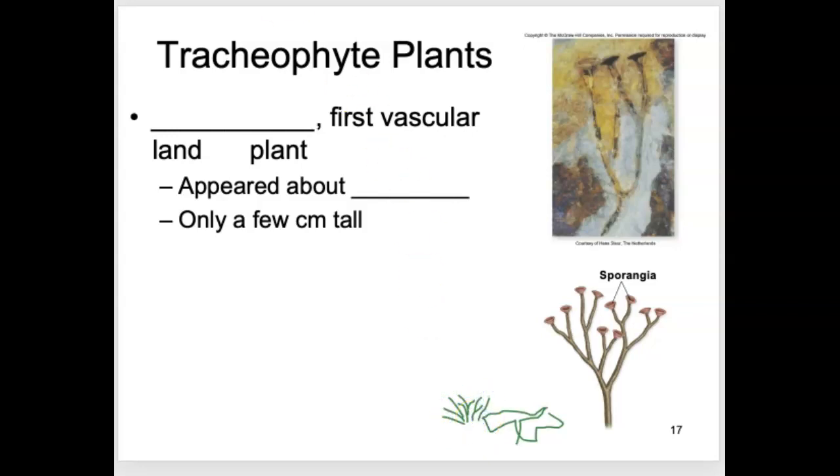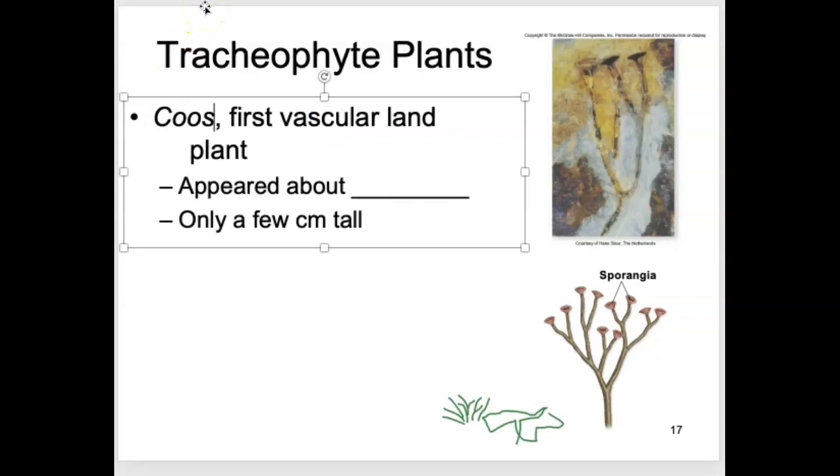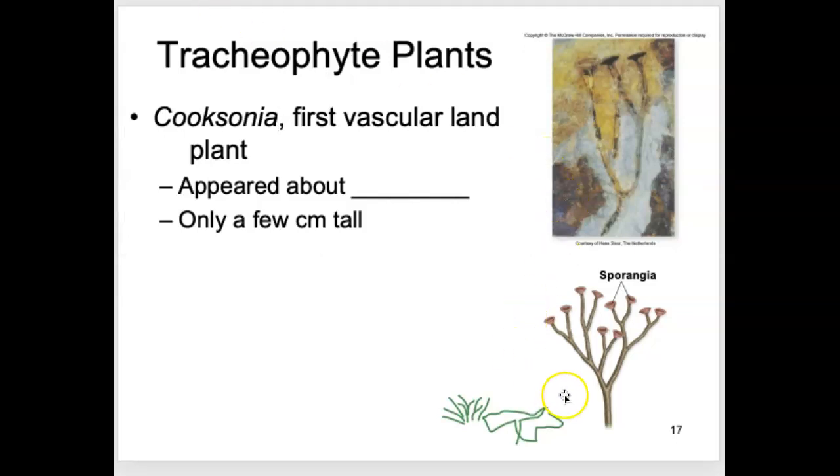And now evolution causes this plant known as Cooksonia to evolve and get a little bit bigger. So it's still not a crazy tall plant, but it's a couple centimeters taller than the liverworts, the mosses, and I could even throw in the hornworts.